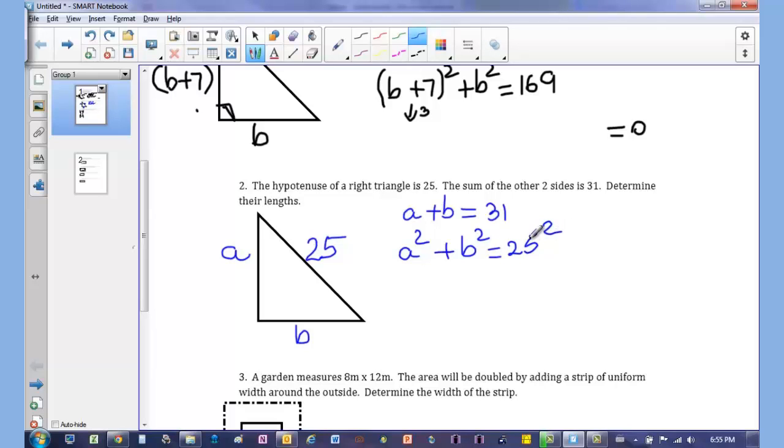Now take a look at the two equations, and hopefully you remember our unit on linear systems. We have two different equations with two different variables. One is a linear equation with exponents 1 for A and B, and the second one is a quadratic equation. In linear systems, one of the methods was substitution, expressing one variable in one equation and substituting into the second.